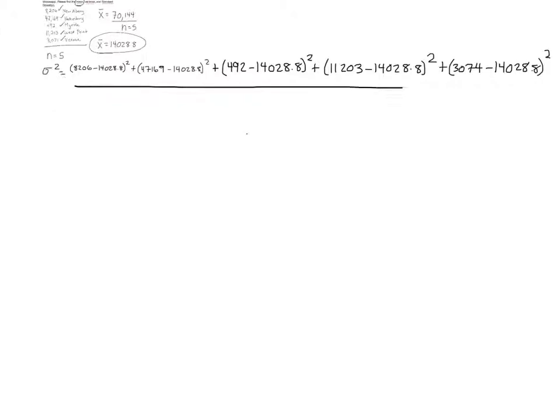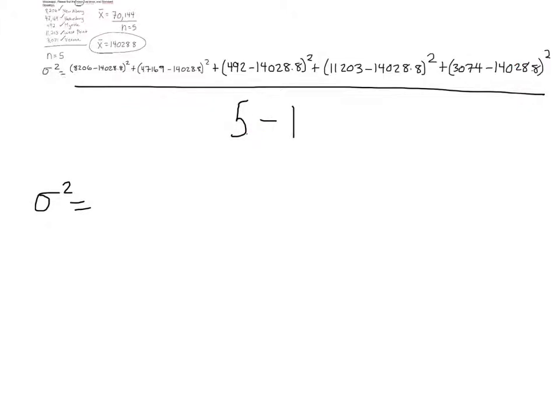Now, the question is, what do I divide by? Well, since this is a sample, I don't divide by 5. I divide by 5 minus 1. So when you're doing a sample, you divide by n minus 1. And so my variance is going to equal all these values added up divided by 4.